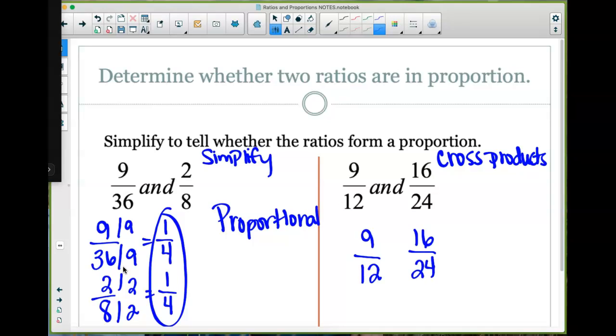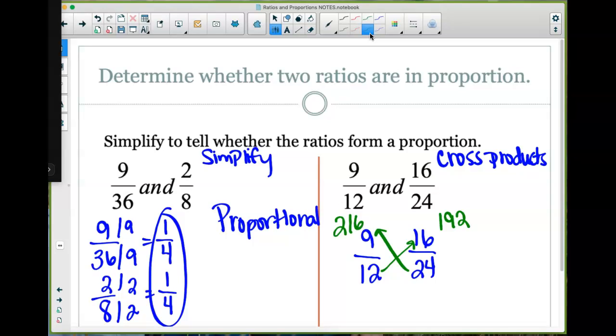Okay, and cross products is exactly what it sounds like. We're going to cross and multiply. So I'm going to take 12 times 16, which is 192, and 24 times 9, which is 216.